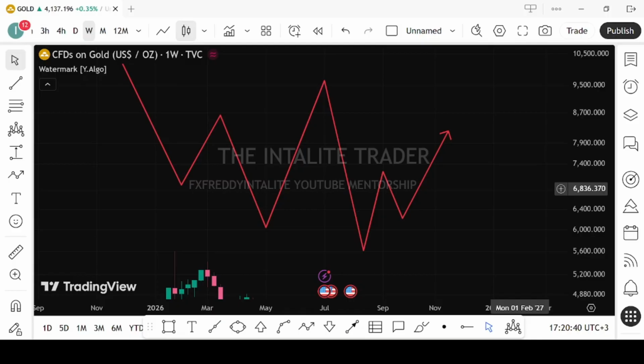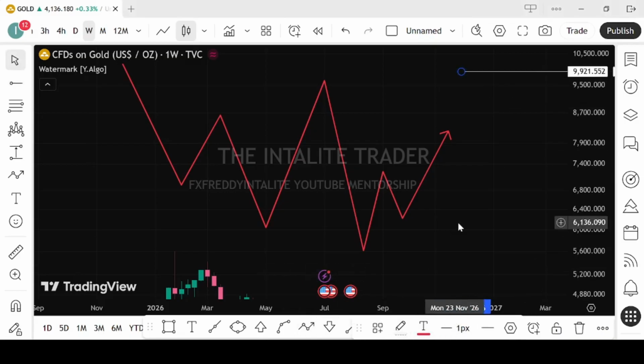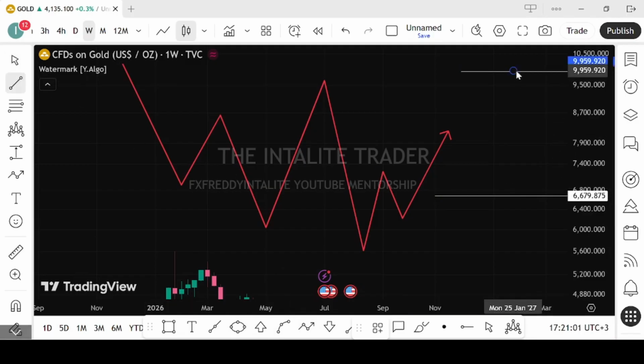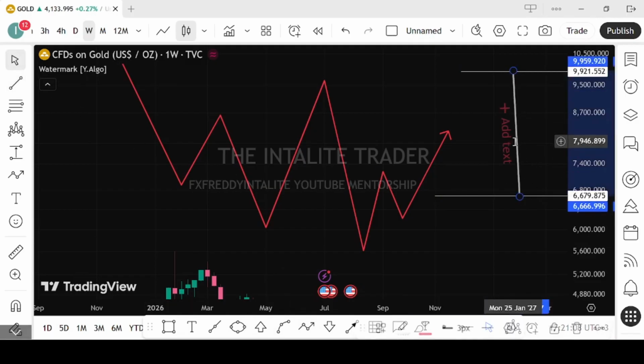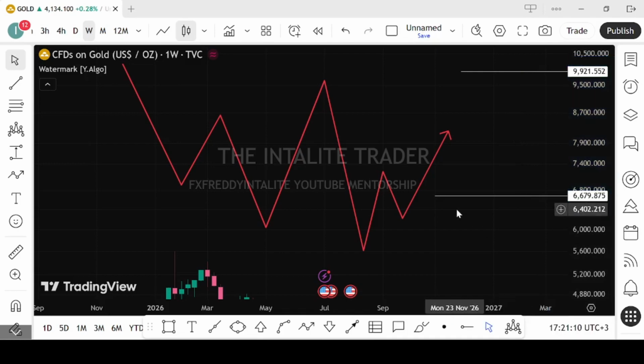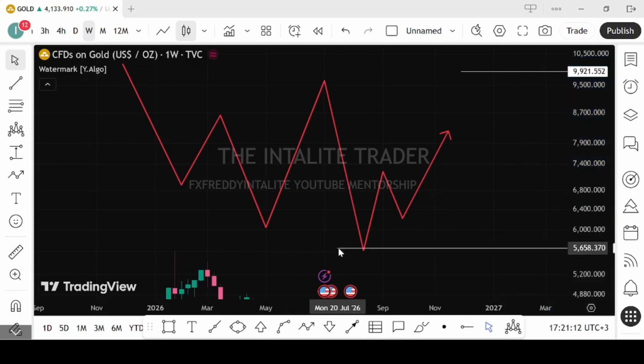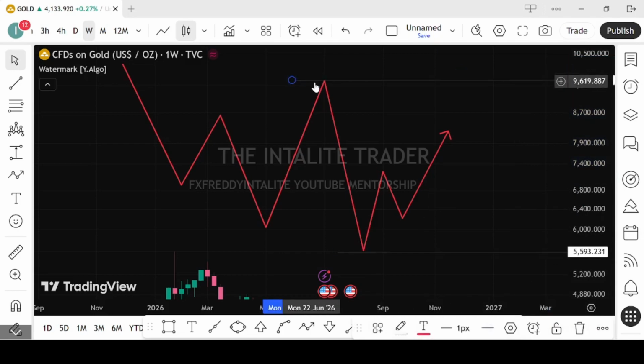So when we say a range, the distance between one level to another level, like let me say from there up to here, that is a range. So the movement price makes from one key level to another level, now we shall set this range.